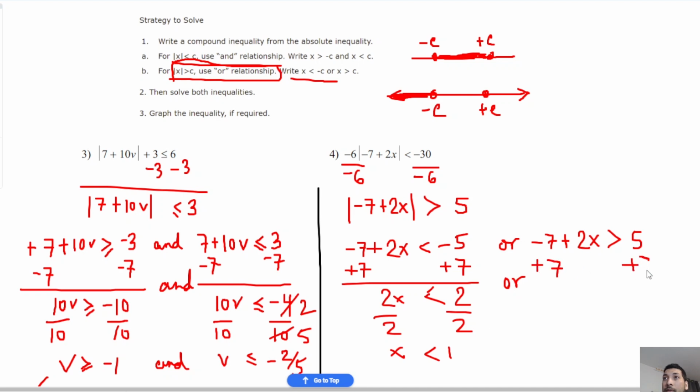Here we get 2x greater than 5 plus 7, that is 12. Divide both by 2, we get x greater than 12 by 2, that is 6.